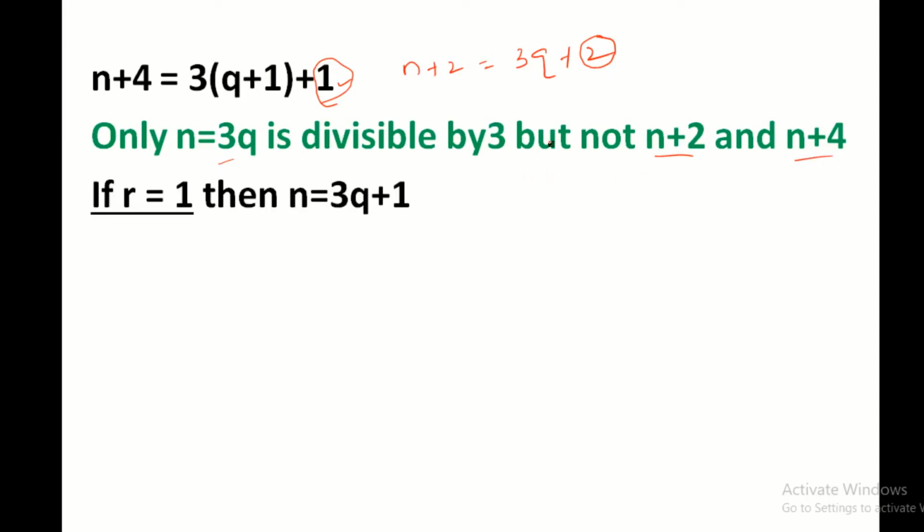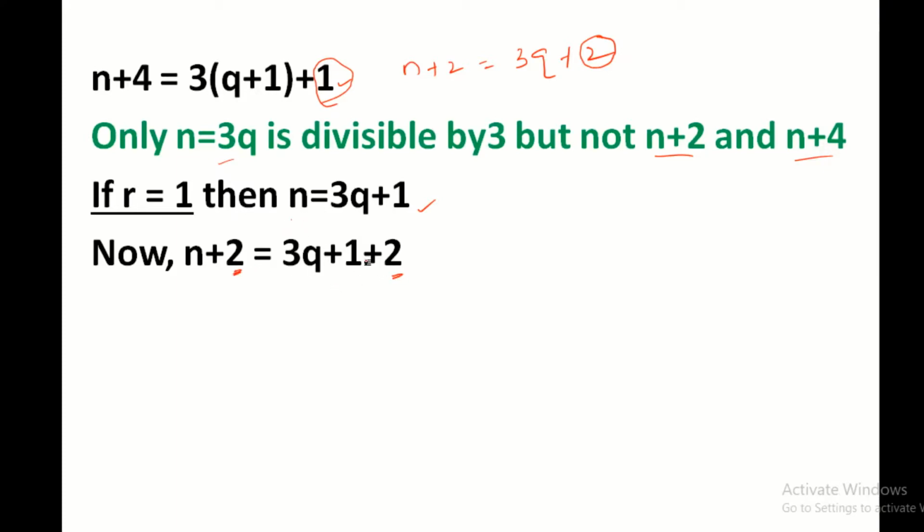So let us see, if r equal to 1, then which number is divisible? If r equal to 1, then n is equal to 3q plus 1. So in place of r, I have substituted 1. Then n plus 2 now. So n plus 2 means I have added 2 on both sides for n value.